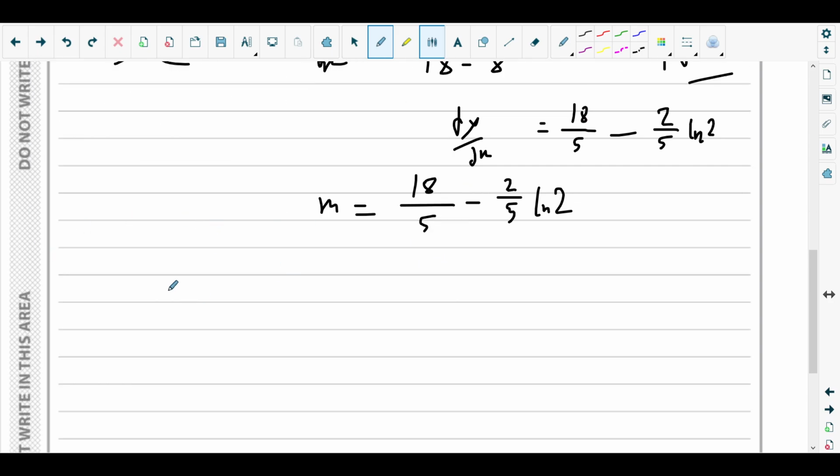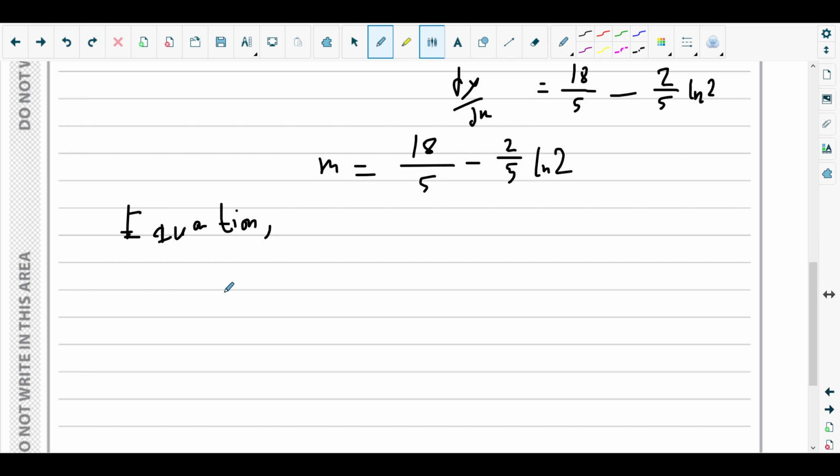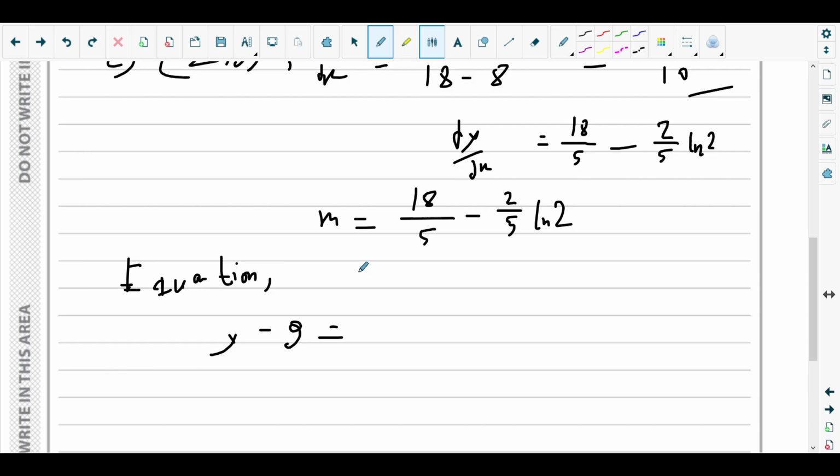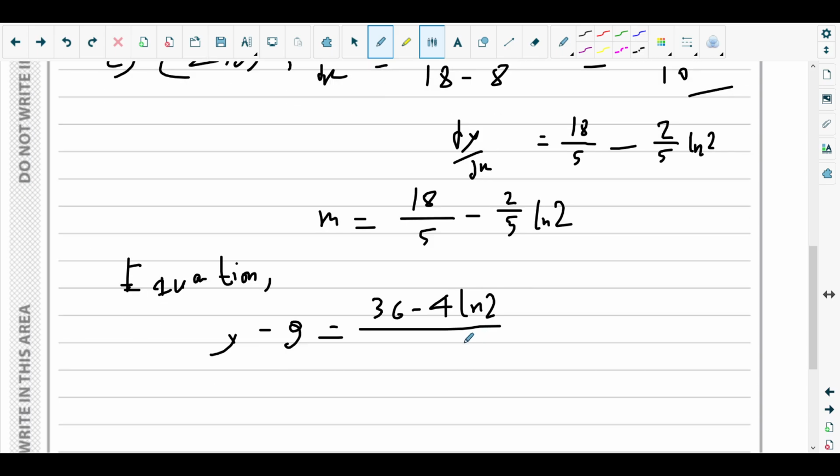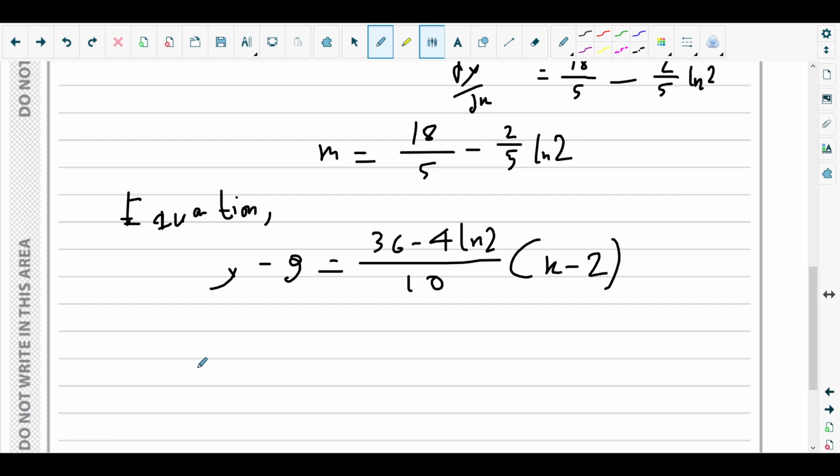Okay. Just find out the equation of tangent. Let's do this first. Equation of the tangent. It would be what? y minus y1 equals gradient. Gradient was what? 36 minus 4 ln 2 over what? 10. m times x minus what? 2. Isn't it? The equation for a straight line.